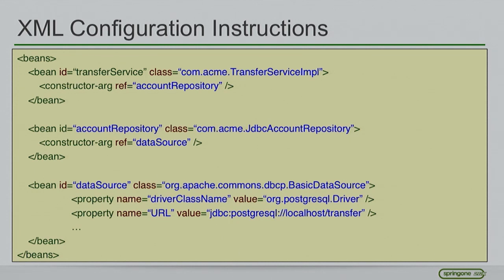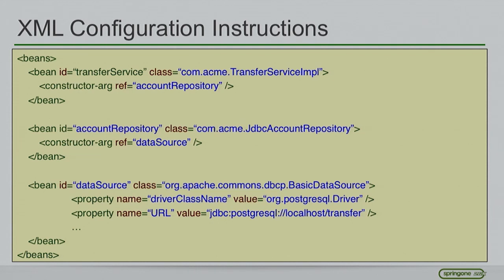Okay? So let's break down what's going on here in this XML file. In a typical core Spring class, I like to tell people that this is what we call our configuration instructions. So I like to tell the students that there are at least 3 key things being communicated in this file as far as telling the application context how to behave, how to actually operate on this set of configuration instructions.